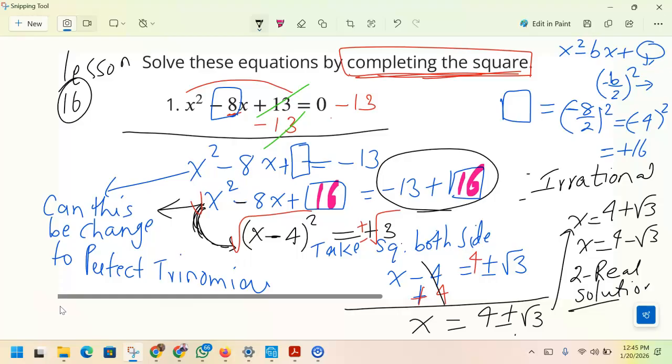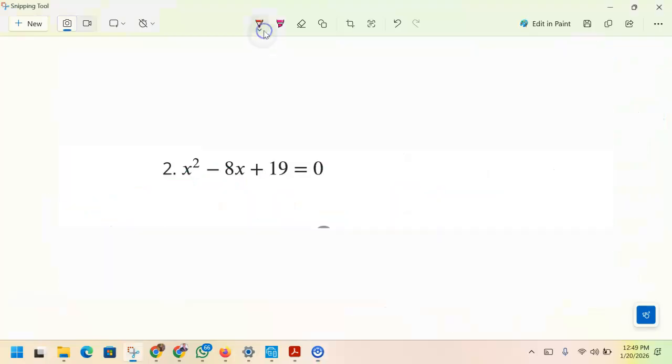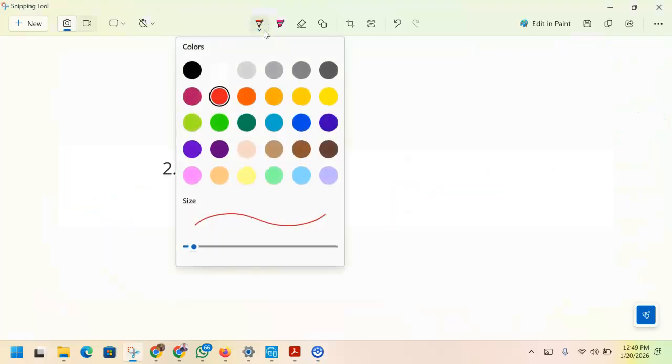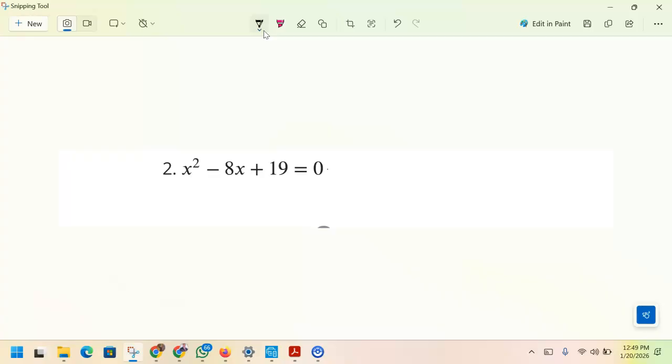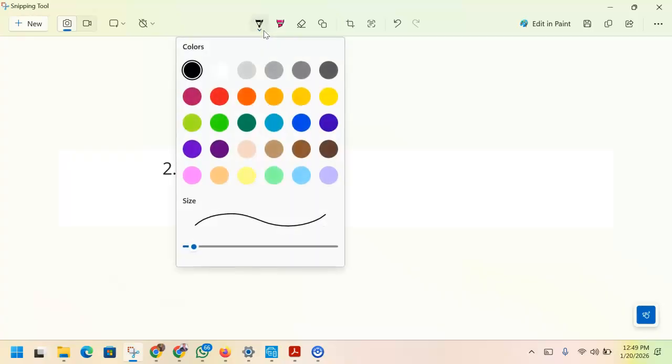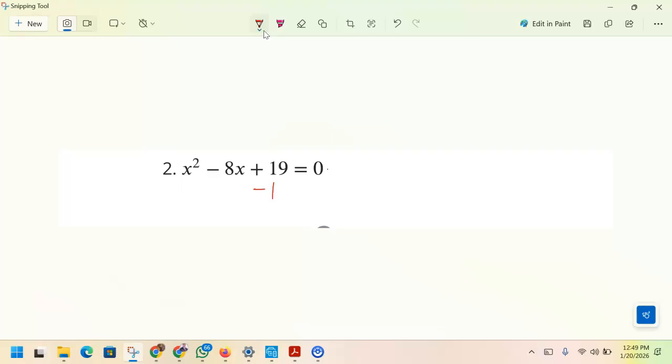So I hope you got it. If you see this piece, let me do it right here since this is quite big. So I subtract 19 here on the right side. I'll do it right here. The reason is put a line across. Many students don't like to put this line and say, we don't need to do that. I say, no, you're right.